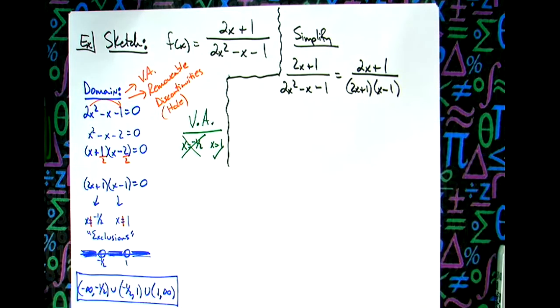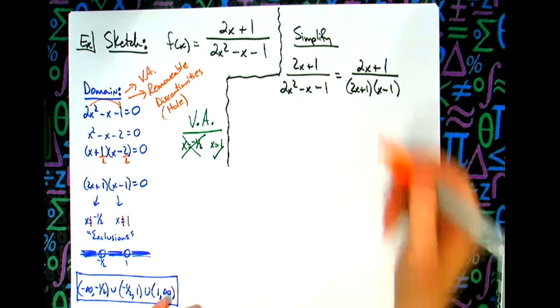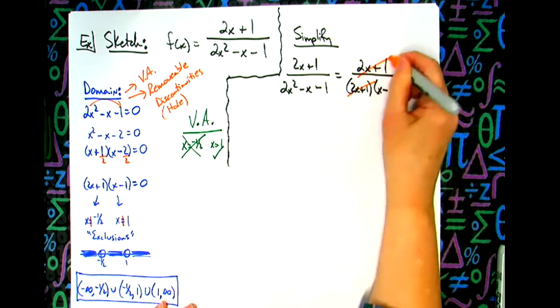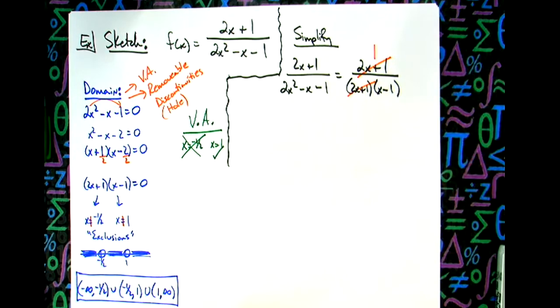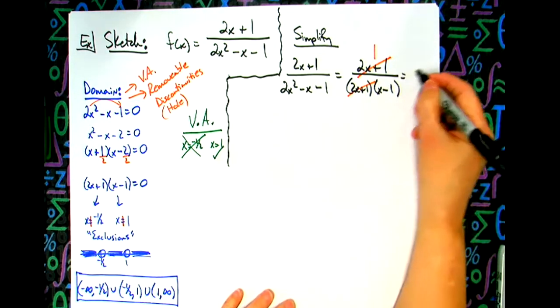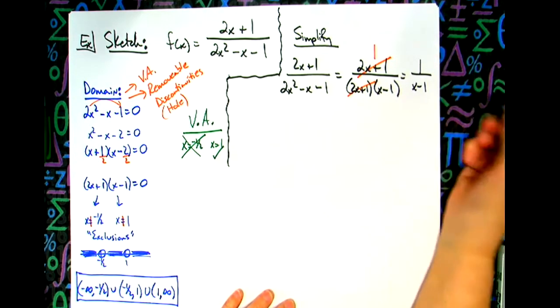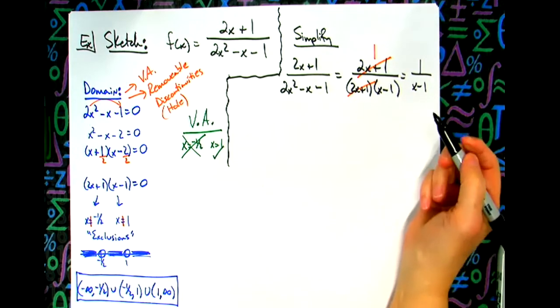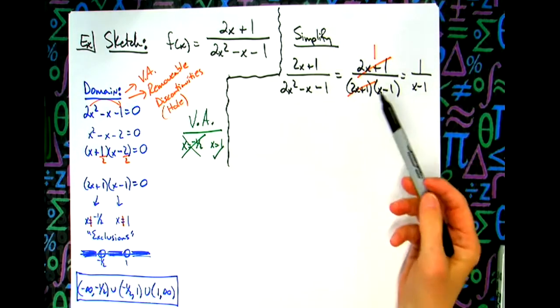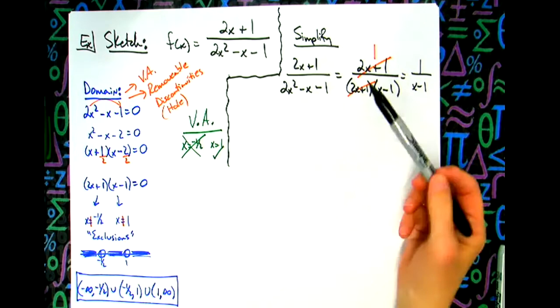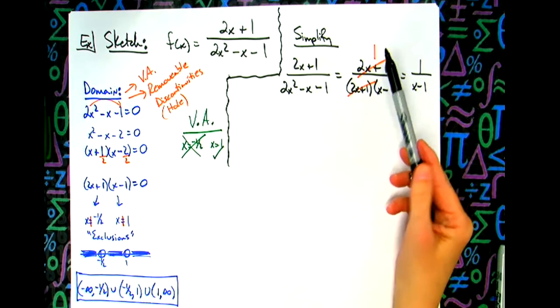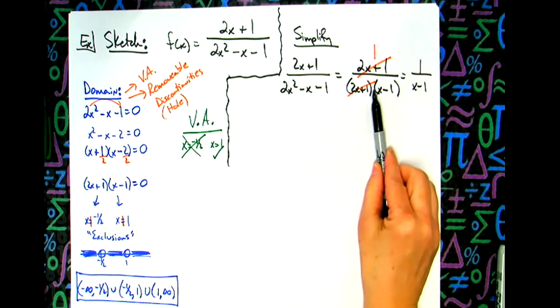And then what did you do? In Algebra 2, you crossed out and you said, oh, that and that cross out, leaves me with a 1 up there. So then you said that this was equal to 1 over x minus 1. Okay, the thing is, they were trying to build you up to this point. If I do something algebraic, I crossed it out.